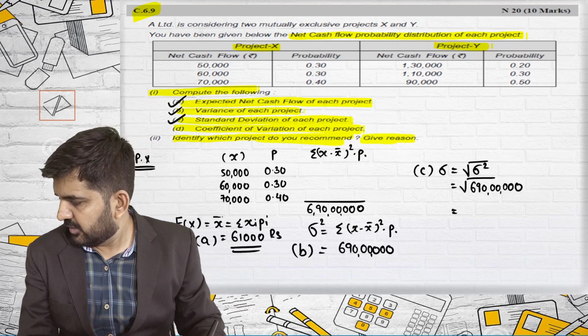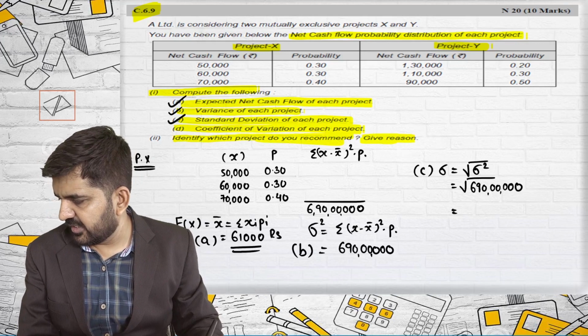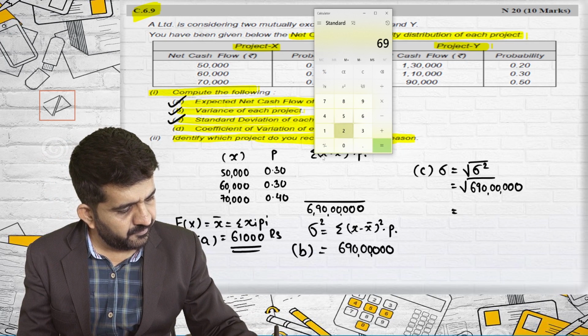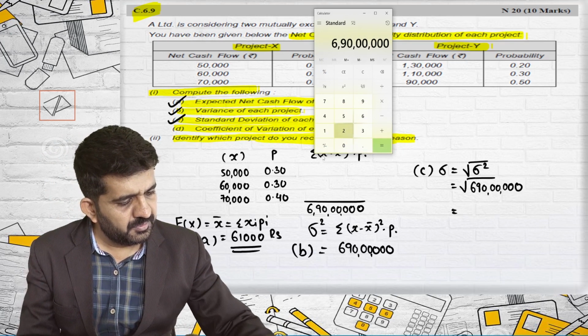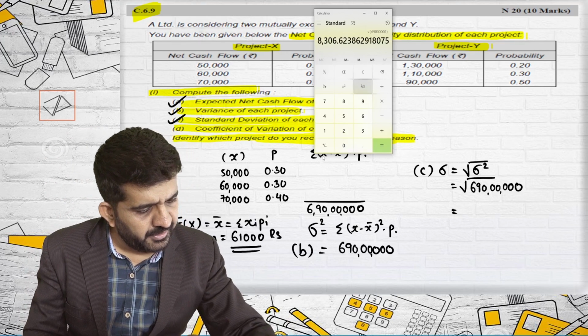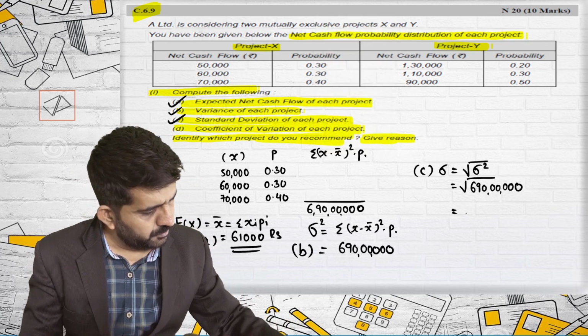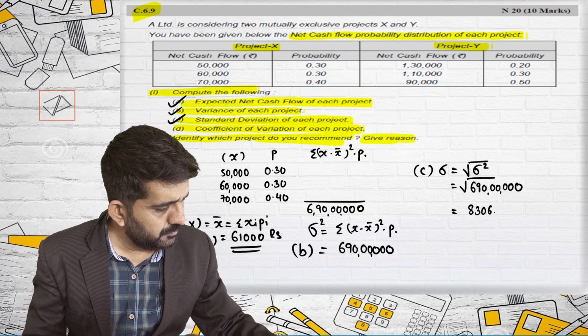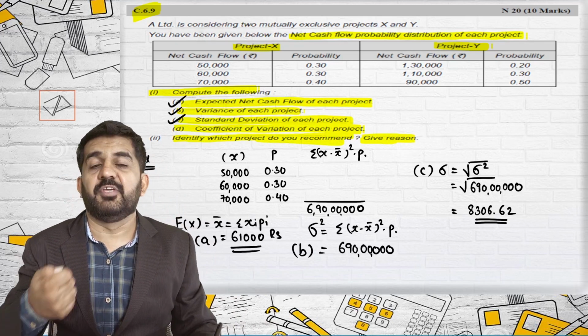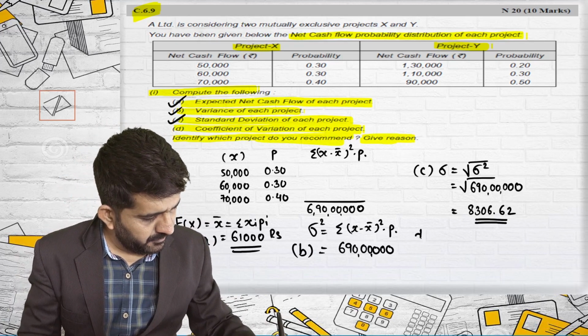Let me do it. 6 crore 90 lakhs is variance, right? So the square root of 6 crore 90 lakhs is 8306.62, which is the standard deviation of this project.